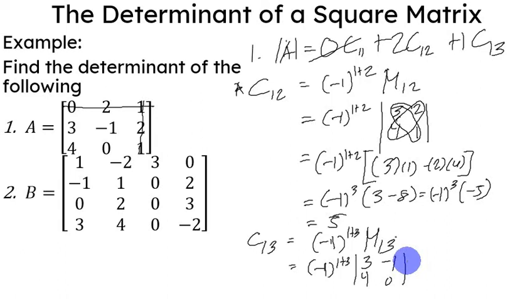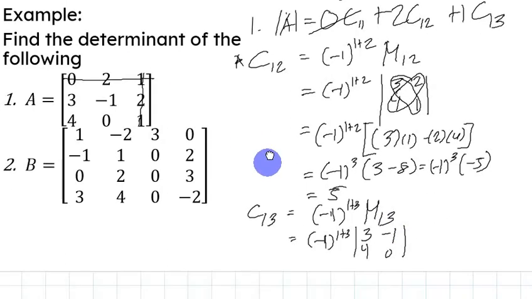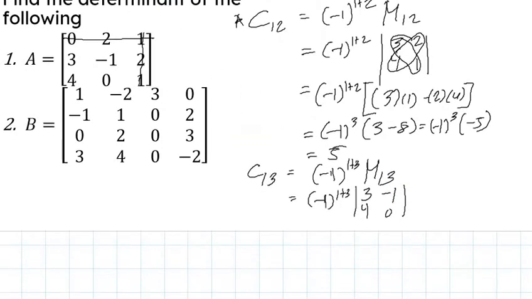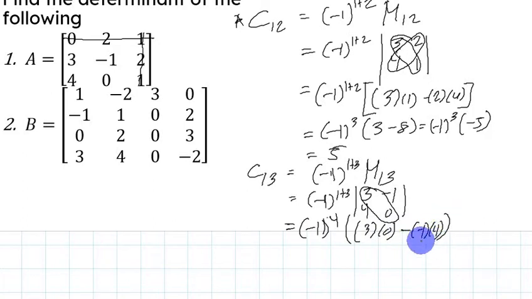We're now going to have negative 1 raised to 1 plus 3, which is 4, multiplied to 3 times 0 minus negative 1 times 4. Simplifying this, negative 1 raised to 4 is just 1, so we'll be left with 0 minus negative 4, which is positive 4.